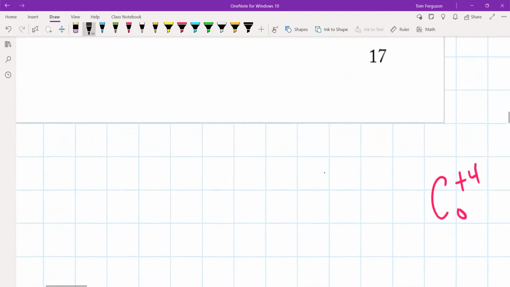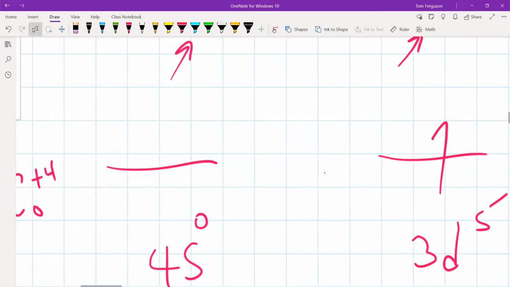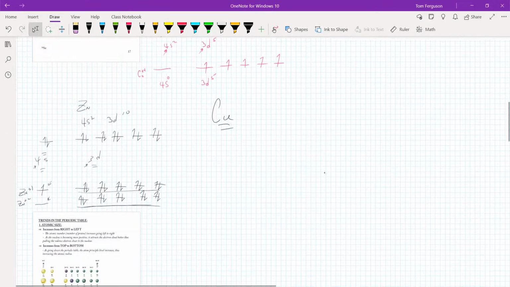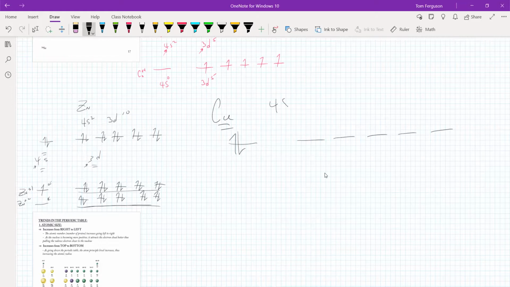So let's look at copper now. And that goes for everything in the copper family, because they all have the same valence electronic configuration. Okay, so this is what copper looks like. It's going to have a 4s2 3d9.